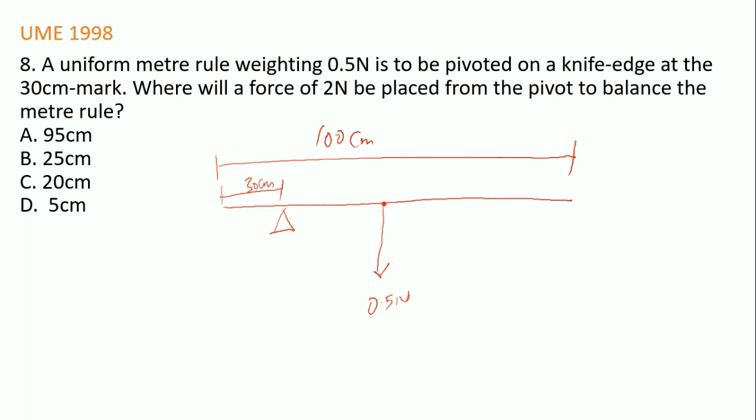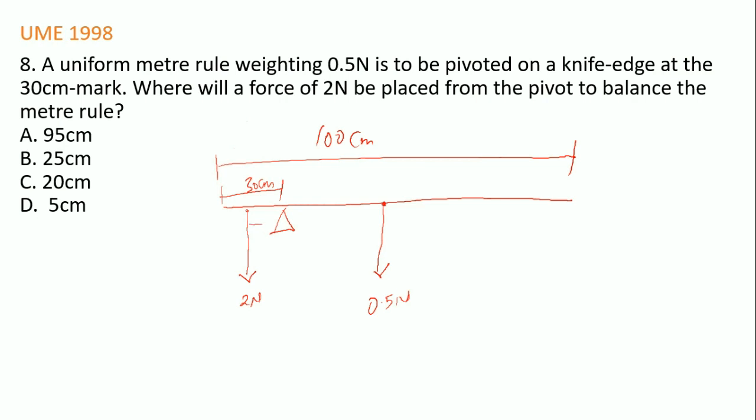And where will a force of 2 Newton be placed from the pivot to balance the meter rule? Now, if you think about it, if you place the guy here, of course, it's going to turn over on the side. So I'm pretty sure you want to place that force of 2 Newton here, so it will kind of balance it. So you have anti-clockwise moment balancing clockwise moment.